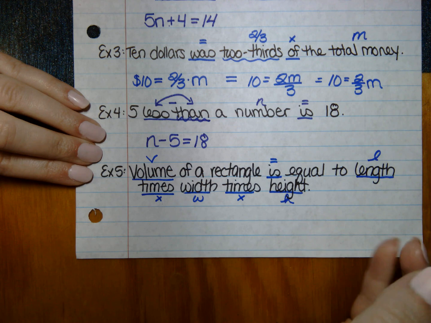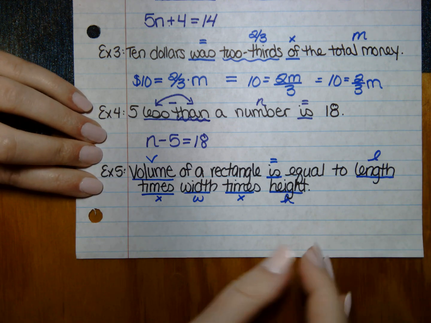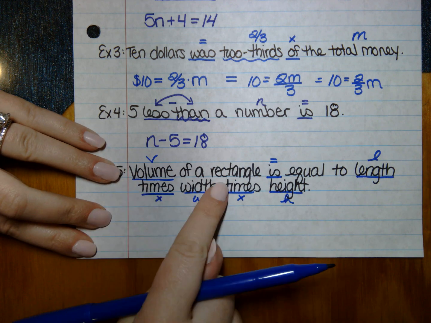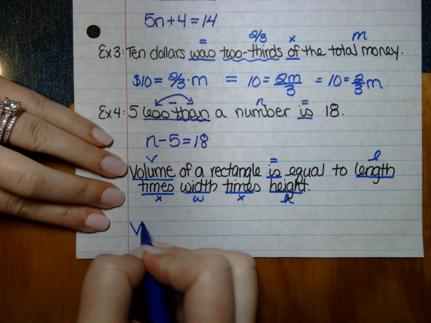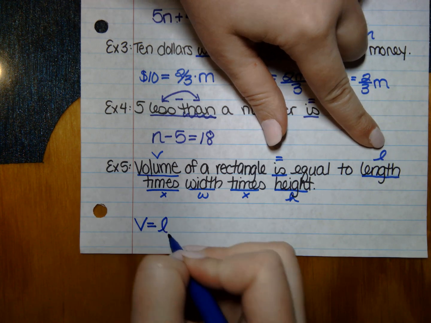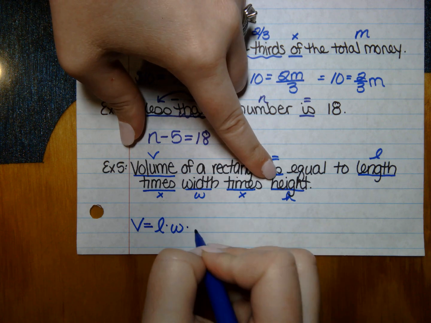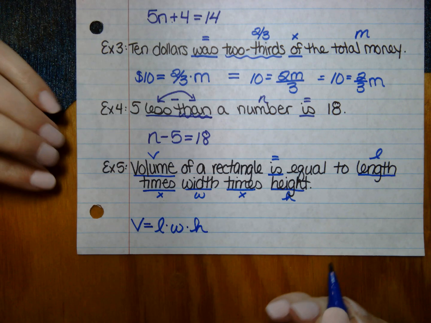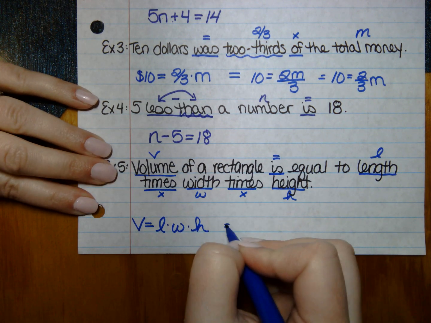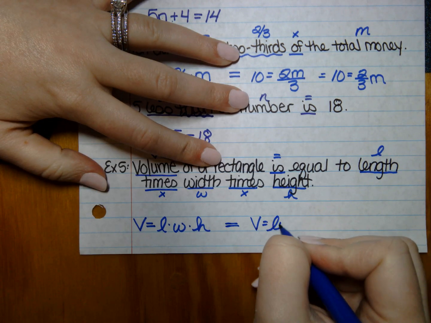So in this case, you're not going to have any numbers, you're just going to have letters or variables. So again, as I read left to right, I have volume equals my length times my width times my height. The other way we can write this is simply volume is equal to LWH.